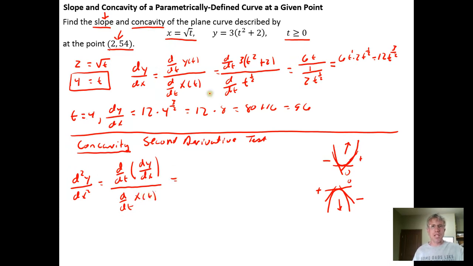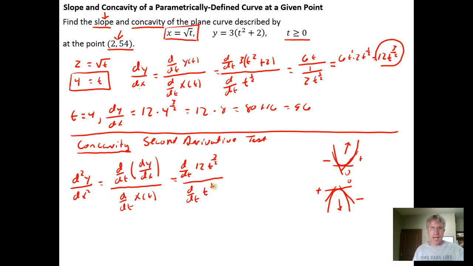So this is going to equal, we grab our derivative from our previous result. Here's dy/dx. dy/dx equals 12t to the 3/2. So we need to take d/dt of 12 times t to the 3/2 divided by d/dt of our square root of t from up here.